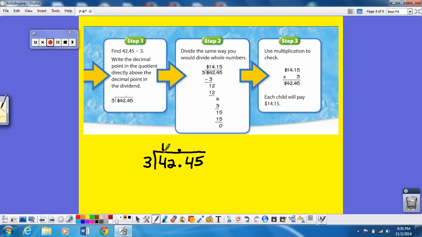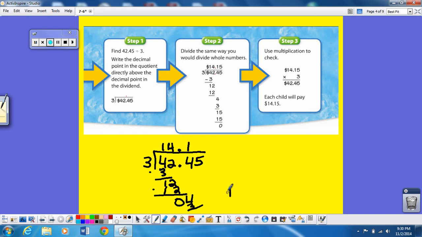3 goes into 4, 1. 1 times 3 is 3. Subtract, bring down. 3 goes into 12, 4. Whoops, my pen is being silly tonight. 4 times 3 is 12. Subtract, bring down. 3 goes into 4 one time. 1 times 3 is 3.